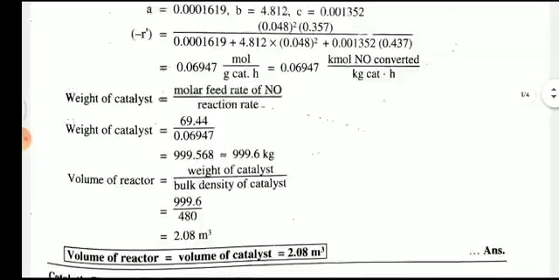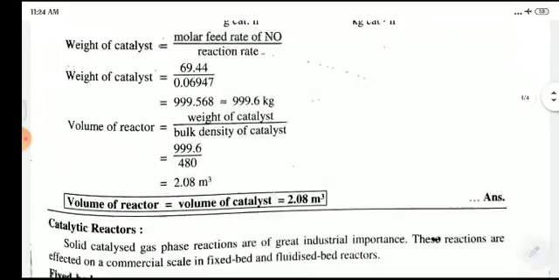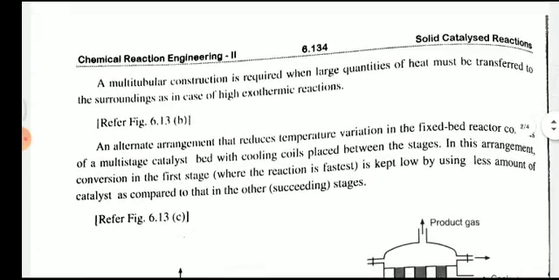Okay, so first we say that a multitubular construction is required when large quantities of heat must be transferred to the surroundings, as in the case of highly exothermic reactions. Okay, referring to figure 6.13b.